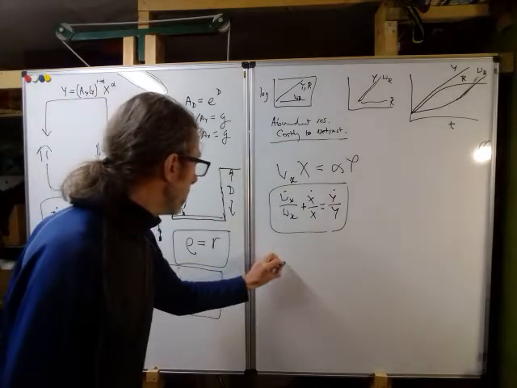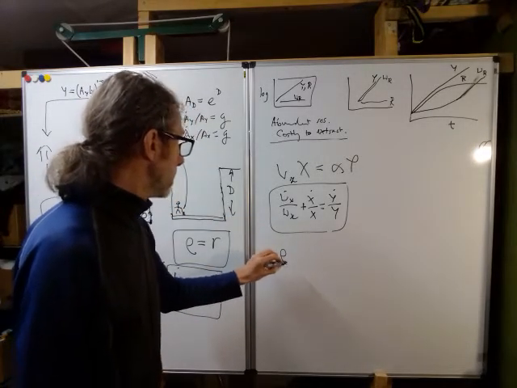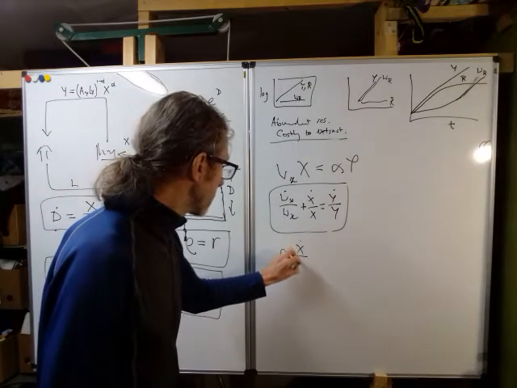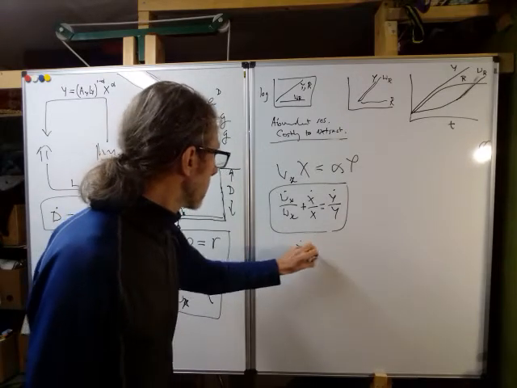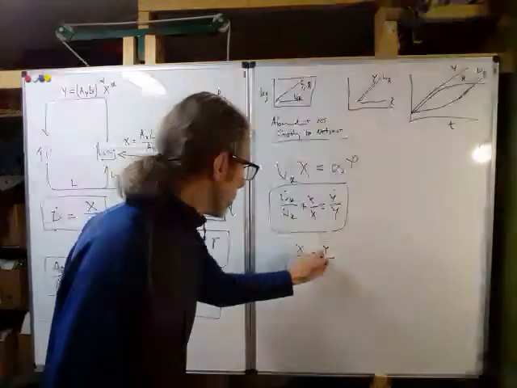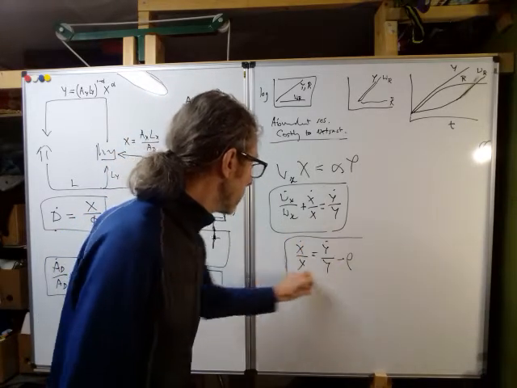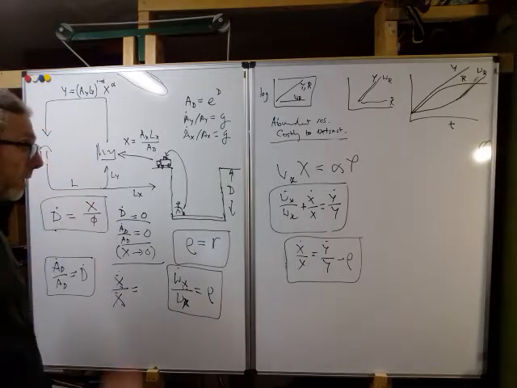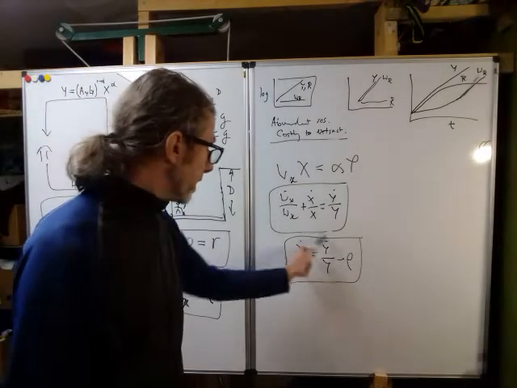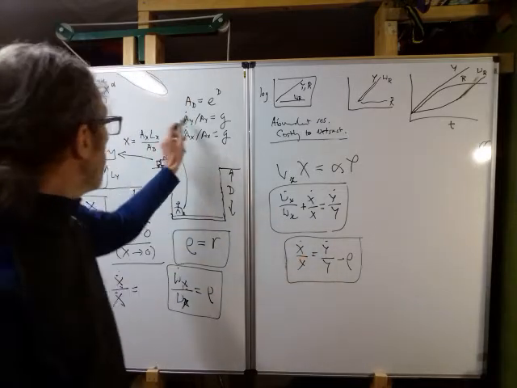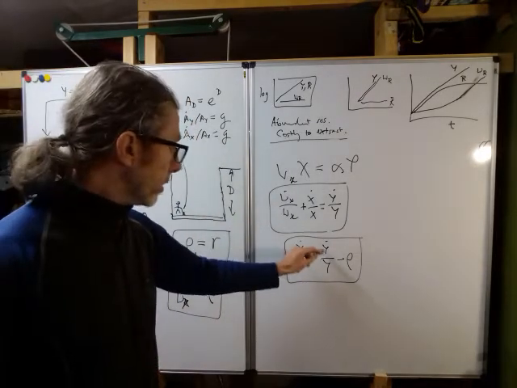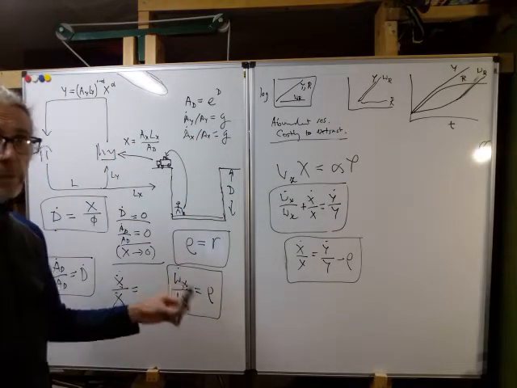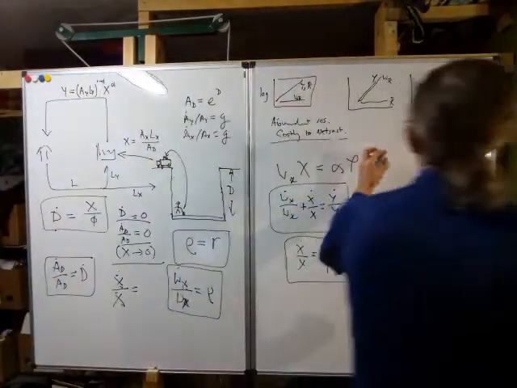But this is rho. So x dot over x is equal to y dot over y minus rho, isn't it? Okay. And rho is bigger than the growth rate of productivity, and y dot over y is a bit less than the growth rate of productivity, because we got this penalty from decreasing resource use.